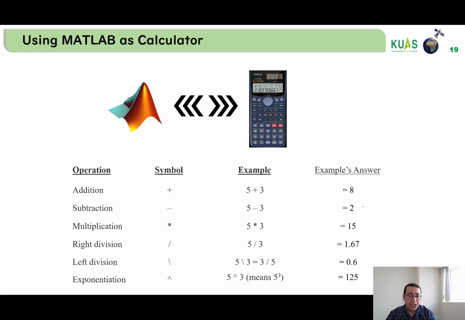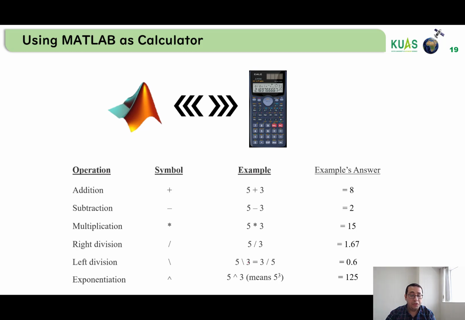But for division, we have two cases. The right division, which is the normal division. For example, if we say 5 divided by 3, the answer will be 1.67. This is the answer we know. But in MATLAB, they provide another type of division, which is the left division.